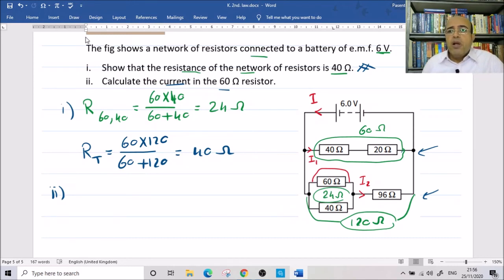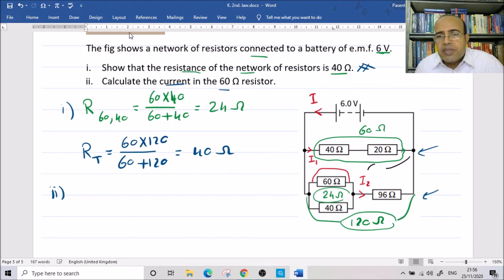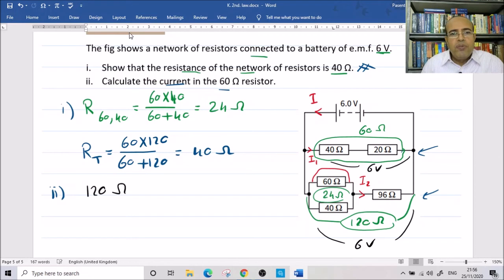How? Because that is a parallel combination, this 6 volt is the voltage around this, and also the voltage around this branch is 6 volt. So in that branch, we have here 120 ohm and 6 volt. From this, we can get the current I2.